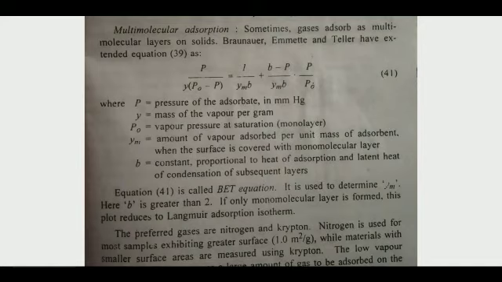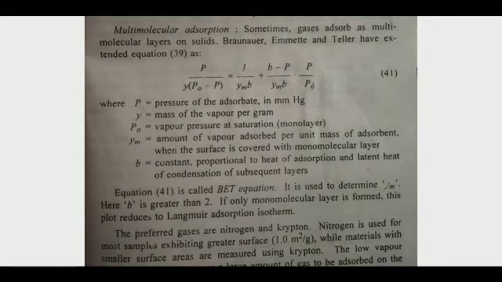In the above equation, p means partial pressure of adsorbent in mm of Hg, y means mass of vapor per gram, p naught means vapor pressure at saturation, ym means amount of vapor adsorbed per unit mass of adsorbent when the surface is covered with a monomolecular layer. b means constant.